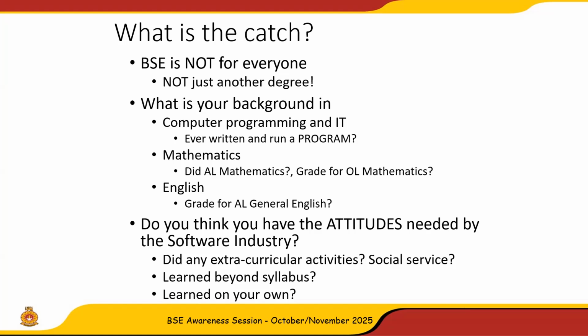Did you learn something on your own that was not taught at school? Do you have any hobbies where you have learned on your own? Now, if you have done these things, you are demonstrating that you have some of the attitudes needed by the software industry. If you haven't done these things, it doesn't mean that you cannot come to the software engineering program, but you must be aware that you need to develop some of these attitudes, especially the skill of learning on your own.